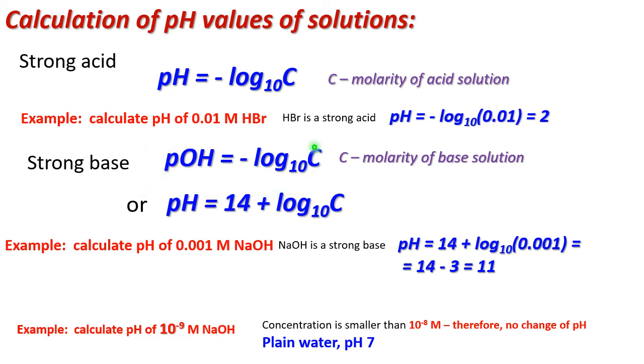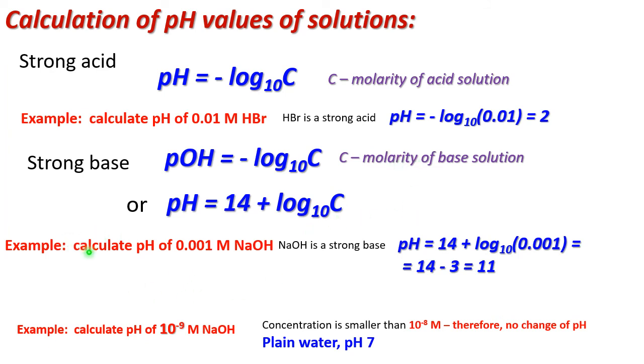Exactly the same formula is true for hydroxide, for bases. So pOH will be negative log of concentration C. Now we remember that pH is 14 minus pOH, so we can rearrange the formula to make pH equal to 14 plus log of concentration C, where C is the molarity of the base.